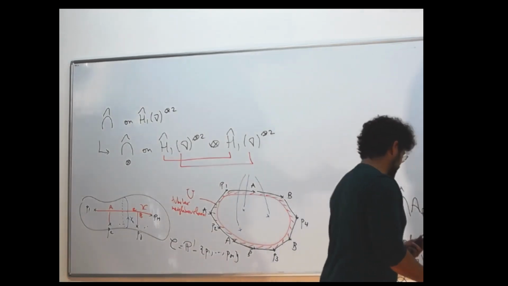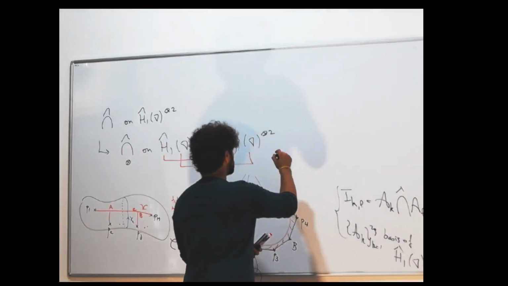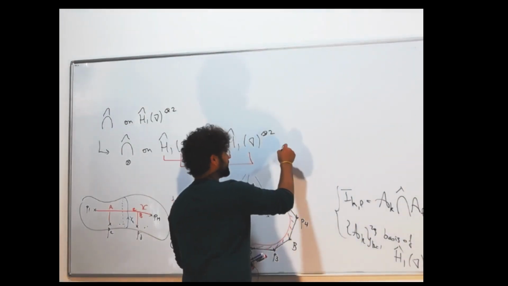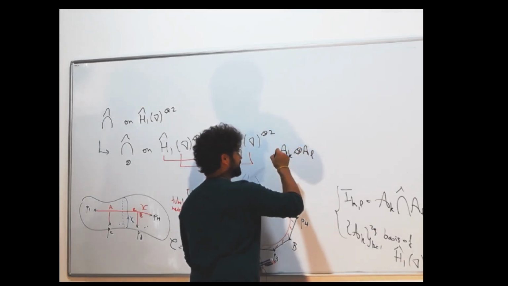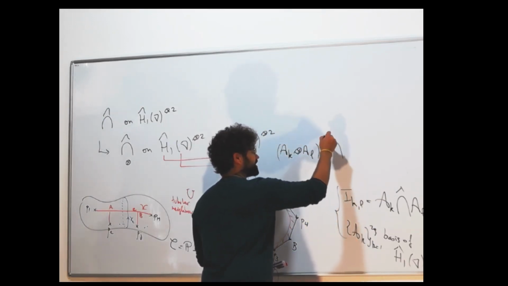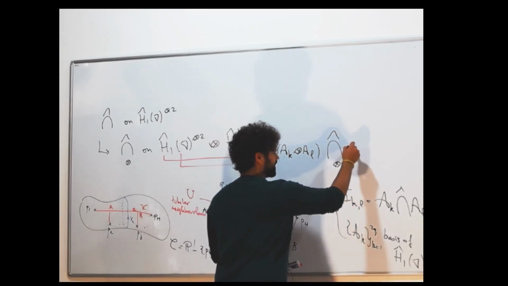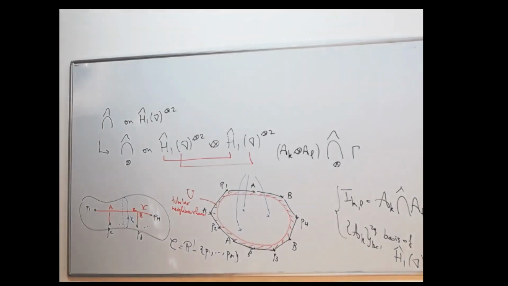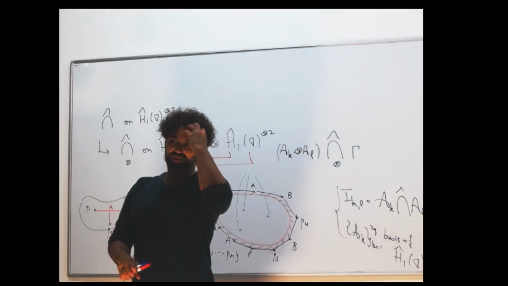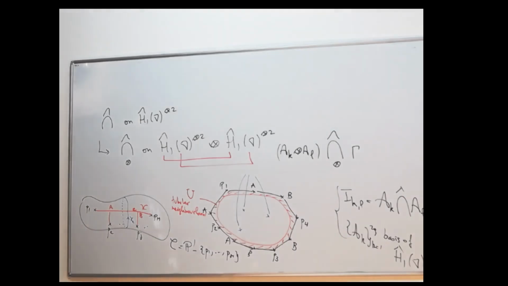And so in particular, we can calculate AK tensor AL, and we can intersect it with gamma. So gamma is this thing here. So what do we get?